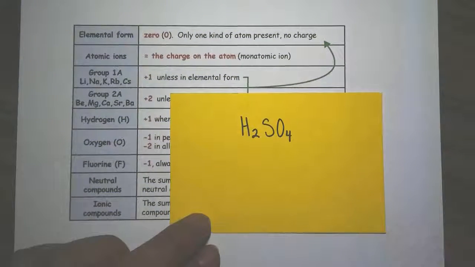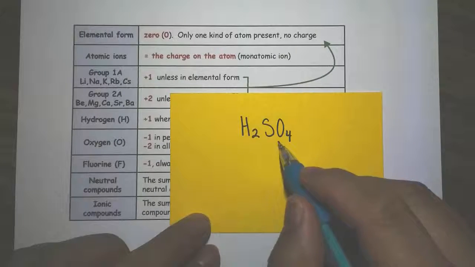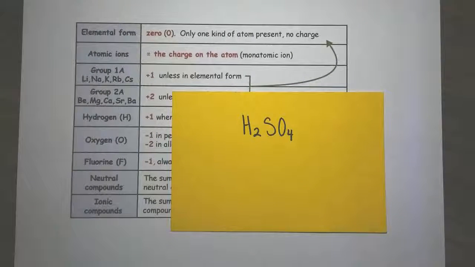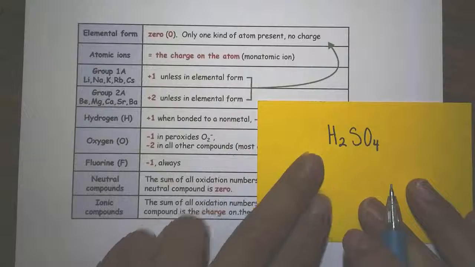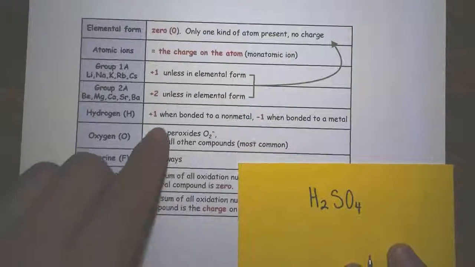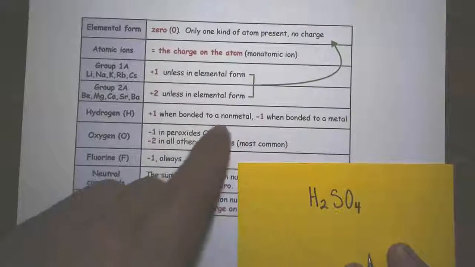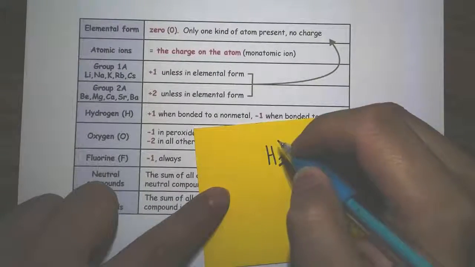So here I have this chemical formula, H2SO4. First of all, we need to break them apart based on what we already know. We know that hydrogen, when it is bound with non-metals, has a +1, so we can apply that rule.